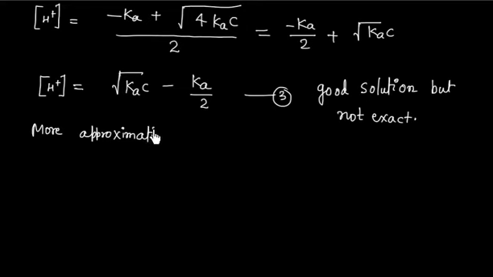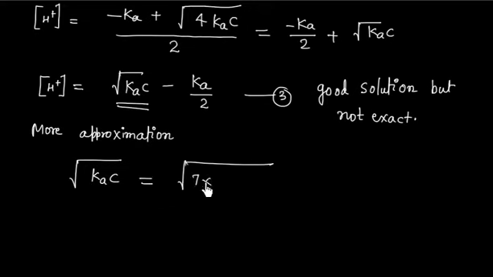So what I am going to do, let us check this value, under root Ka times C. What will this value be? Ka is 7 into 10 to the power minus 4 and C is 0.1. So this is coming out to 7 into 10 to the power minus 5, and find the root of this value.